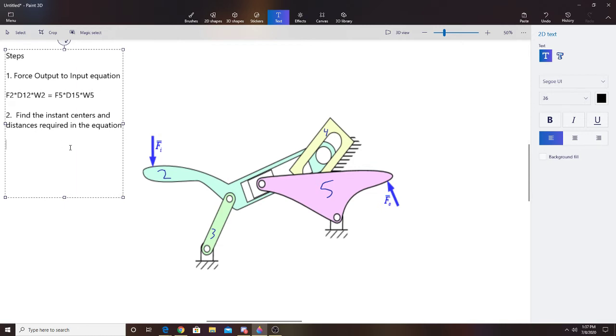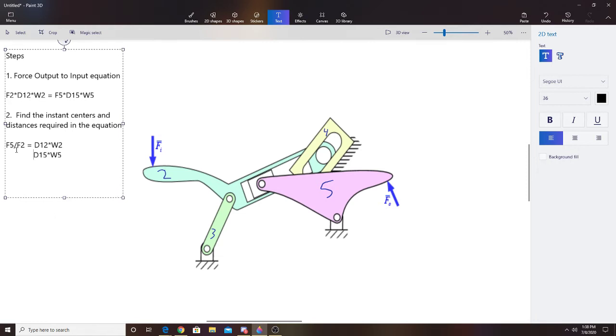So, as Jackson said, we need to find the instant centers and distances required. So I'm actually going to write this out. F5 divided by F2 is equal to D12 times W2 over D15 times W5. So this is our equation right now.